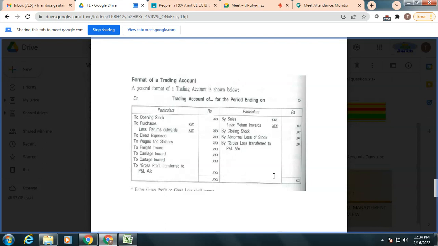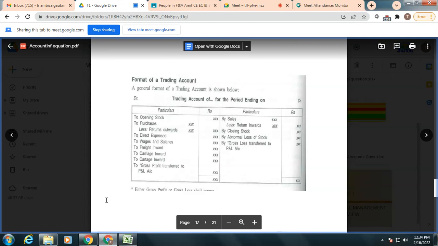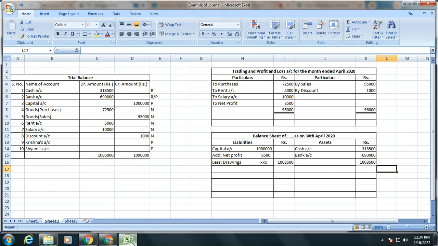The first thing that you have to focus on when we talk about accuracy is this: in the question that we just discussed for the trial balance, we compared a sales of 95,000 with a purchases of 72,500. But in this comparison, we don't know whether all the product that was purchased for 72,500 has actually been sold.